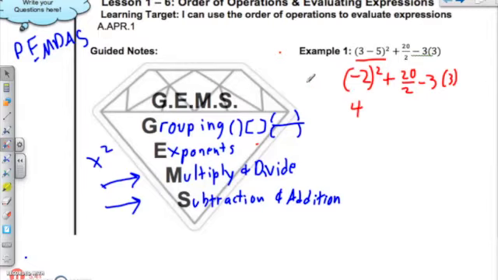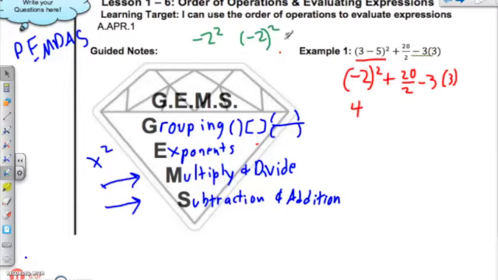Now, if you're using your calculator, be very careful with these. If you type in just negative 2 squared, what the calculator reads that as is taking the opposite of 2 squared. They don't see that this negative goes with the 2. If you're going to type this into your calculator, you need to put the -2 in parentheses and then square it.